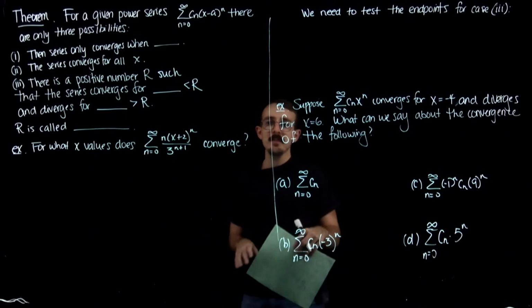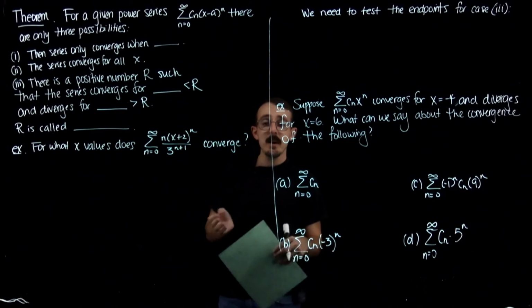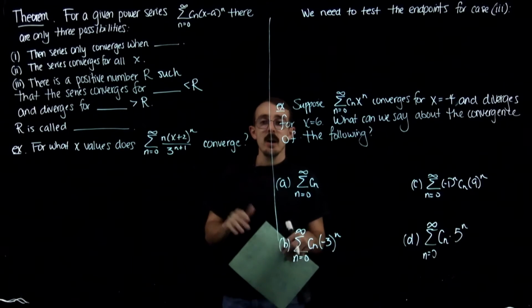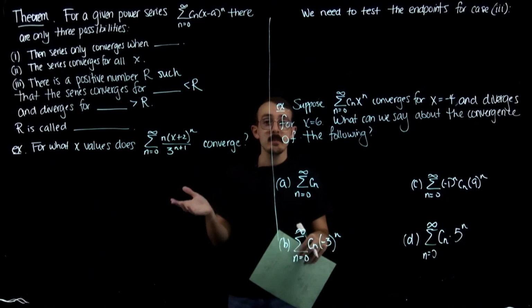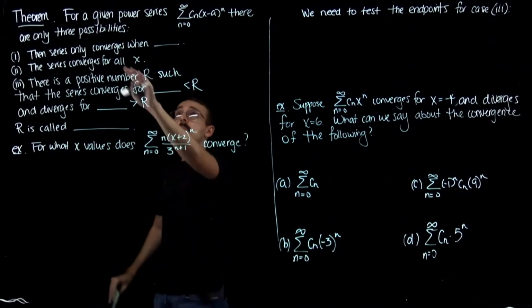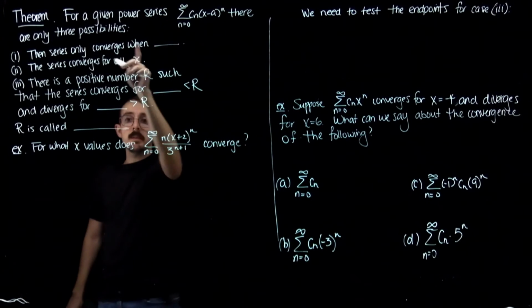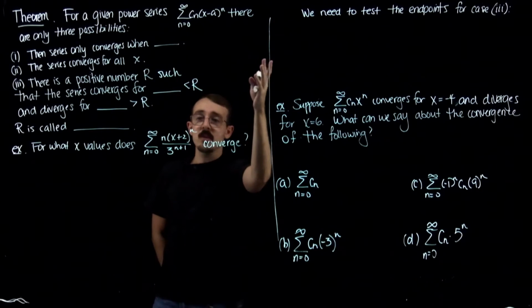Welcome back to part 2 of this video. So now I'm going to cover an important theorem that talks about those 3 cases of convergence, where I've already talked about the first 2 in the previous part of this video. So for a given power series written here, there are only 3 possibilities that could happen with regard to its convergence.